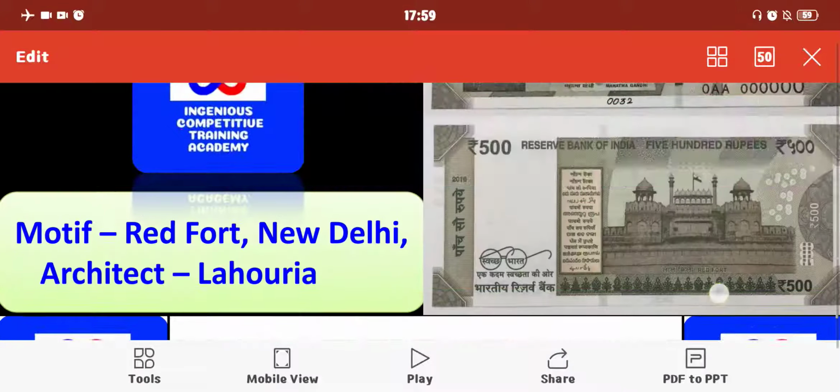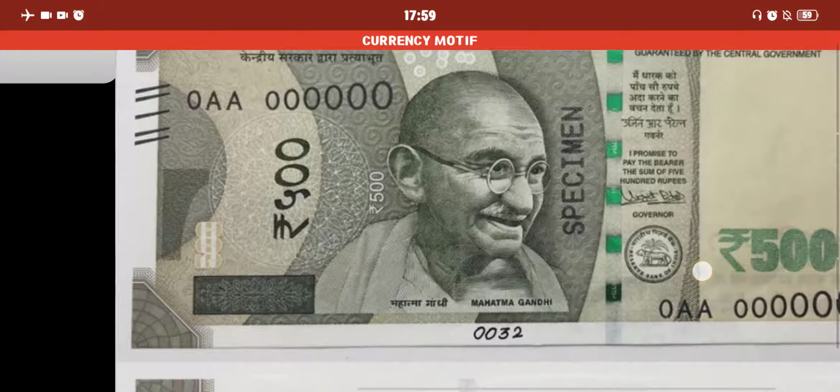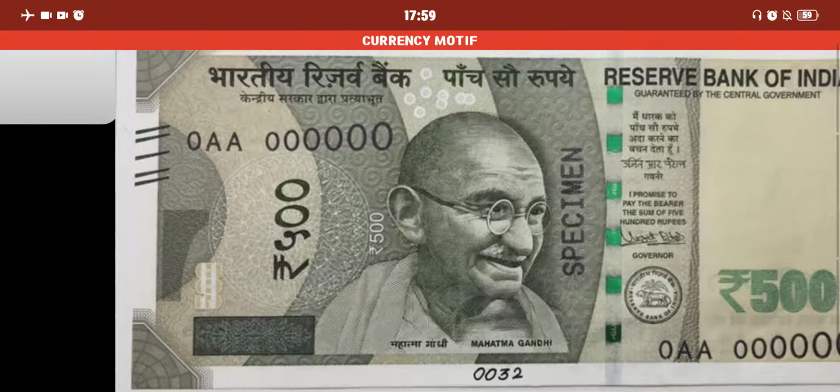Motif is also there, so you can directly have a look how exactly it looks like. If I zoom it, here I can see what has been written. I promise to pay the bearer the sum of 500 rupees. So this is exactly the statement given. This is the quotation that has been given.